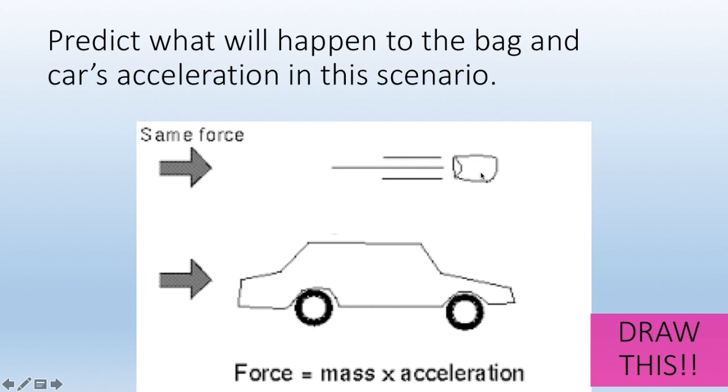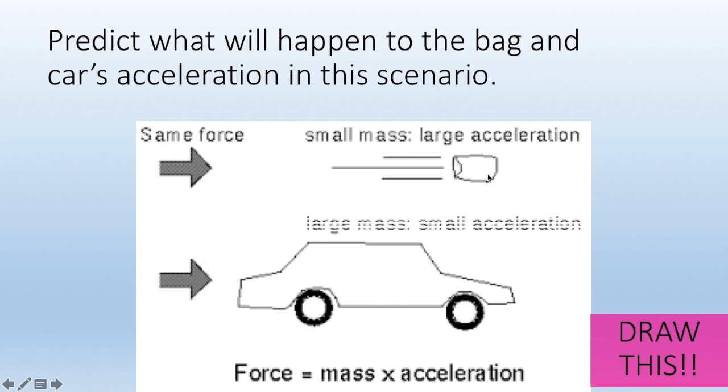And can you predict what will happen to the acceleration of both the bag and the car? So, knowing that the difference between these two objects is its mass, as I decrease the amount of mass, yet apply the same amount of force, I know that this object's acceleration is going to be greater than that of the car. So we have a small mass equaling a large acceleration, and we have a large mass experiencing a smaller acceleration.